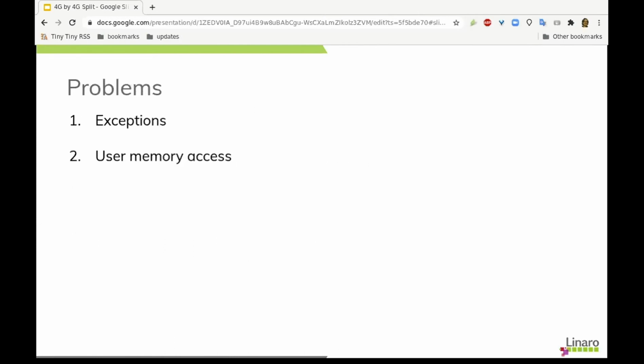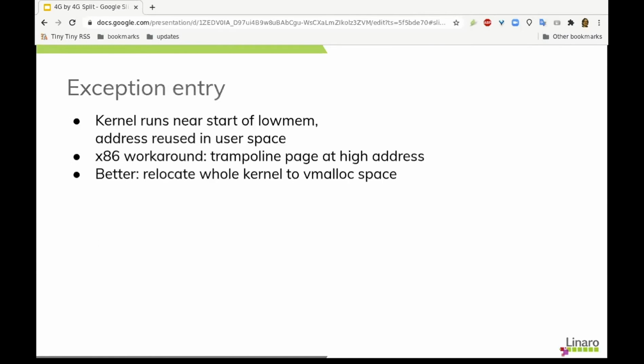There are 2 problems with this. The first one is how we do the exception entry and exit, and the other one is how we access user space memory when we are in kernel and user space has been unmapped. So for the exception entry, at the moment the kernel runs actually in the linear mapping, and when that is going away, we cannot just jump into the kernel at the time an exception happens.